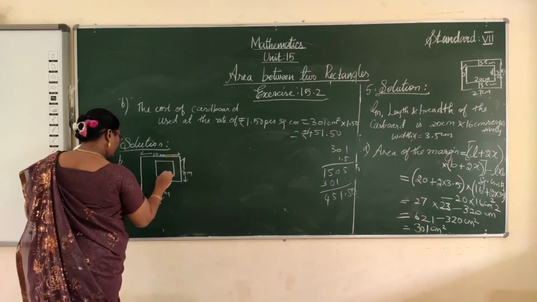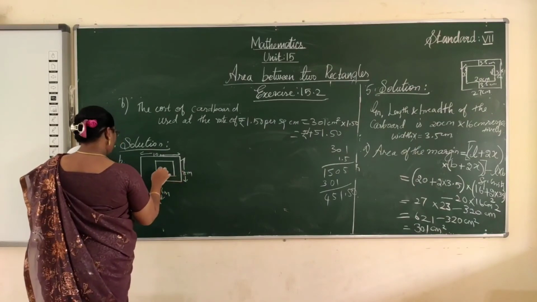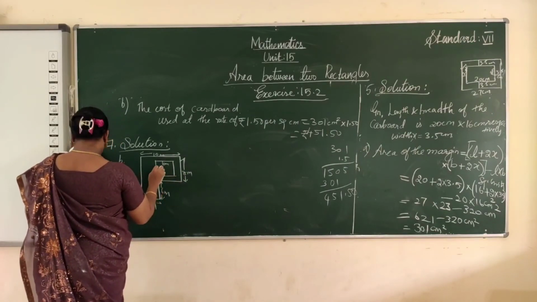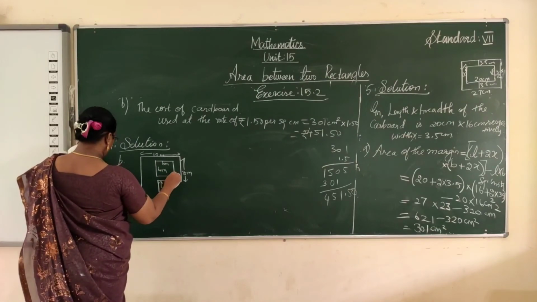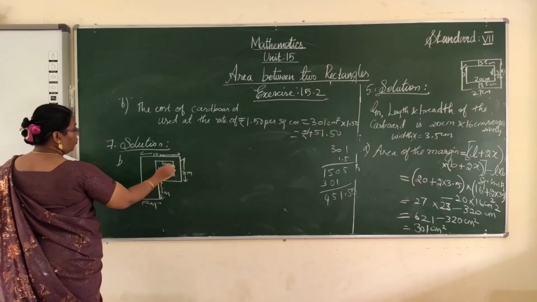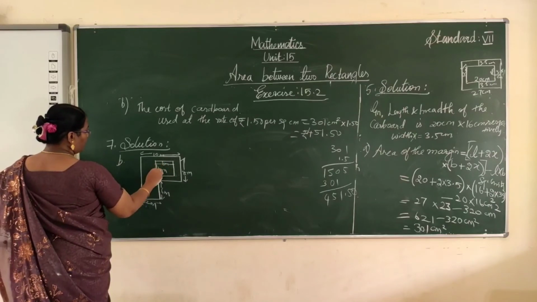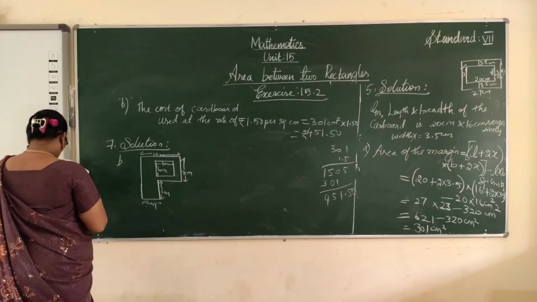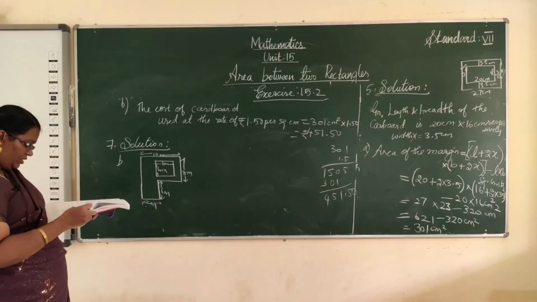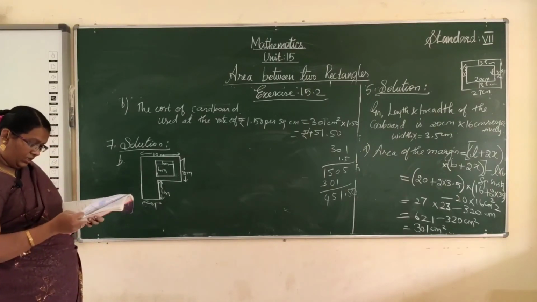One rectangle box is given, here 6 meter, here also 6 meter. Both measurements are equal, so it's a square. So find the shaded region.